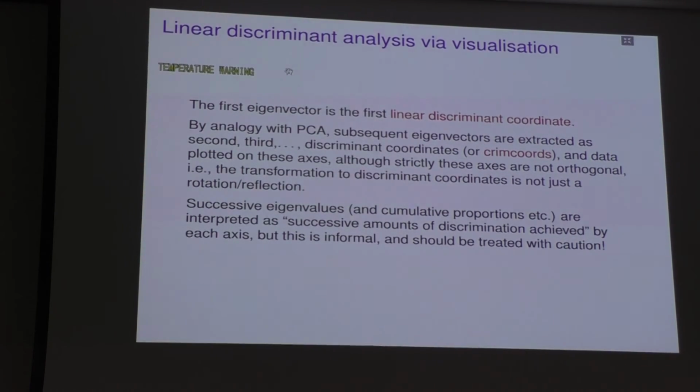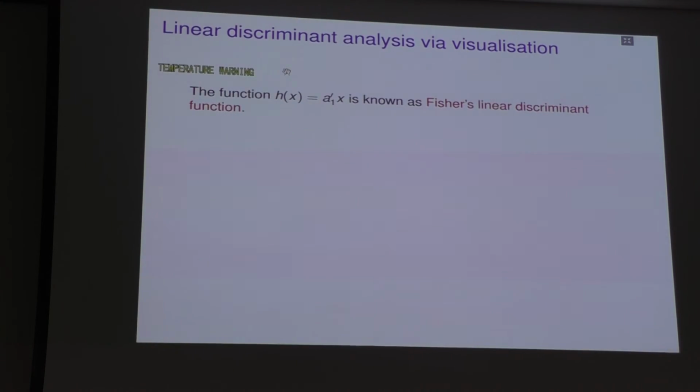So it's naturally going to be spread out more in the direction where your variables are more spread out. So it's not really reasonable to try and interpret things especially well.